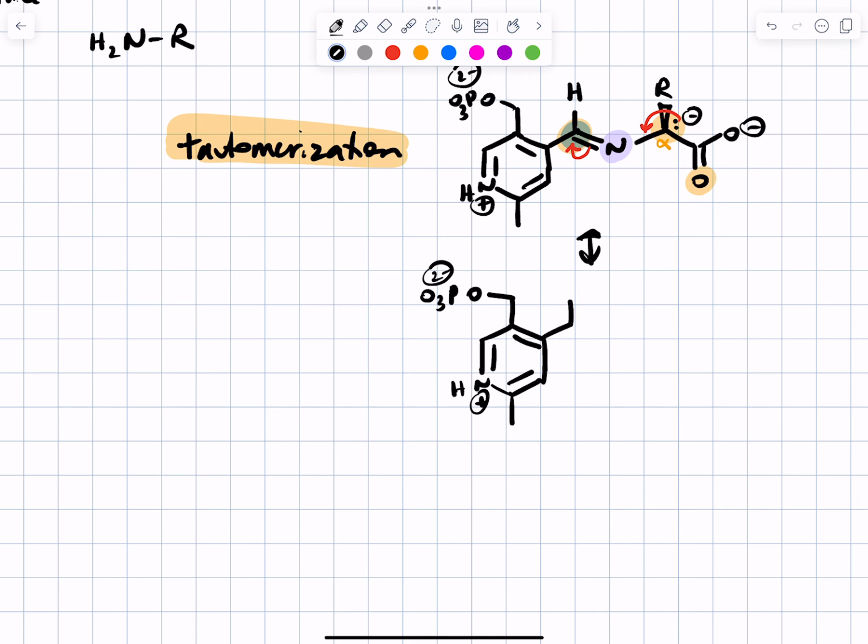All right, so we'll draw the resonance structure in which the negative charge from that orange alpha carbon is actually now on what used to be the pyridoxal carbonyl carbon.